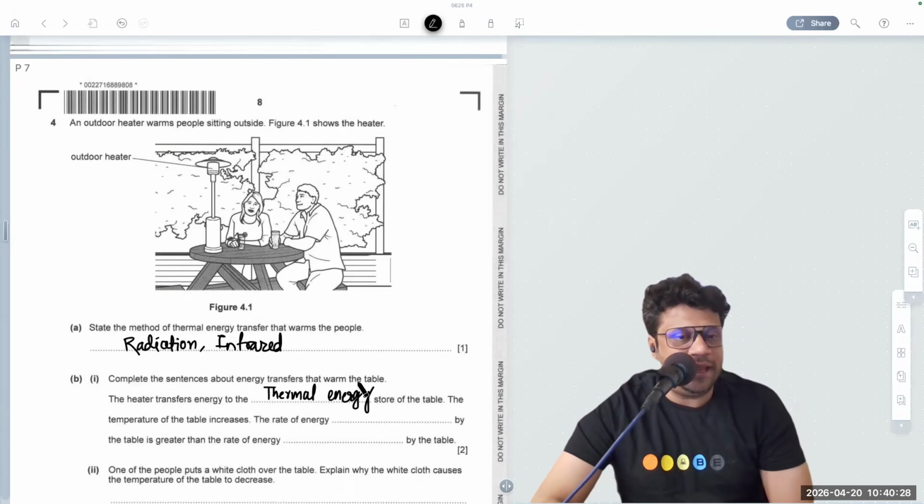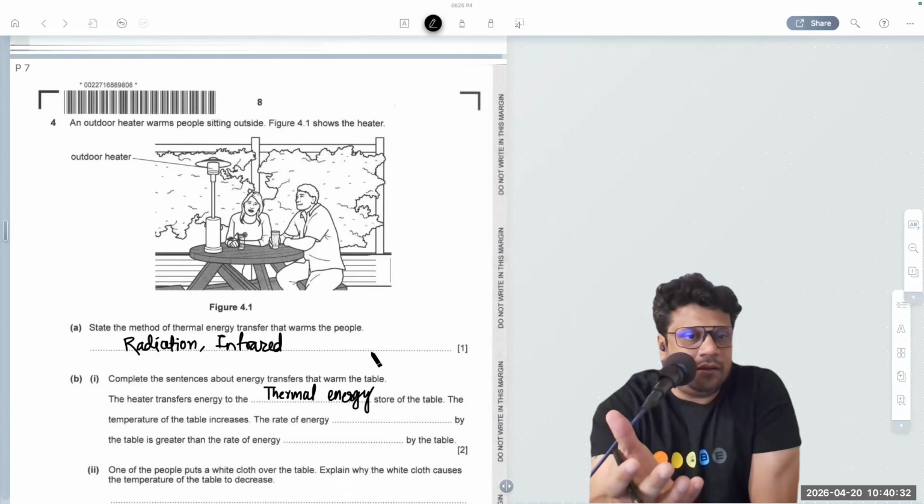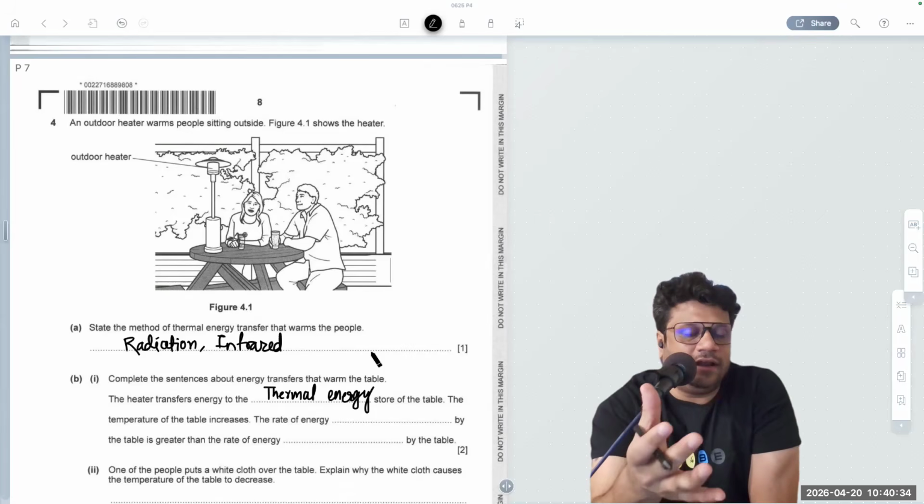So if the table is being heated, there's only one way. The heat that it is gaining is more than the heat it's losing.